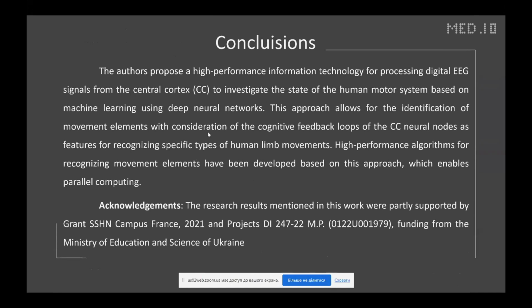This approach is also for the identification of movement elements, with consideration of the cognitive feedback loops for the neural nodes, as a future step to recognize specific types of human limb movement.